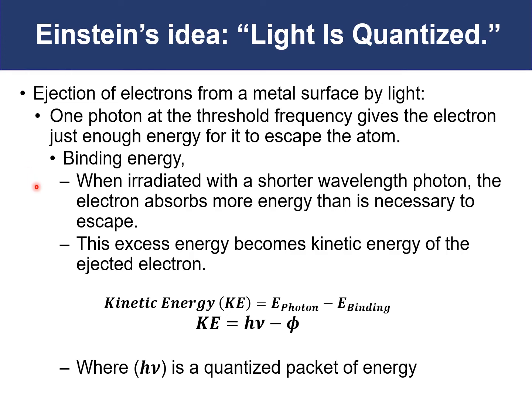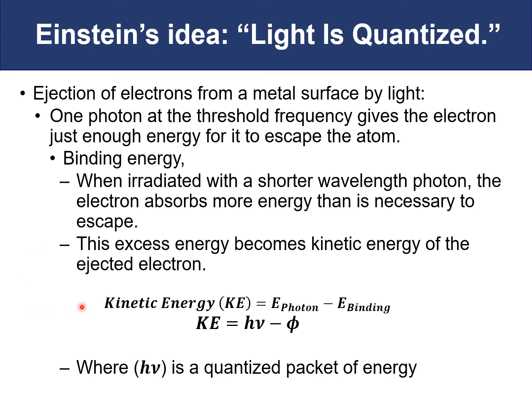So when you're irradiating with a shorter wavelength photon, the electron absorbs more energy than is necessary to escape. What is also observed in the photoelectric effect is that if you give more energy than is needed, you don't see additional electrons coming off. What you see is that the electrons are coming off with greater kinetic energy. That extra energy becomes kinetic energy of the ejected electrons.